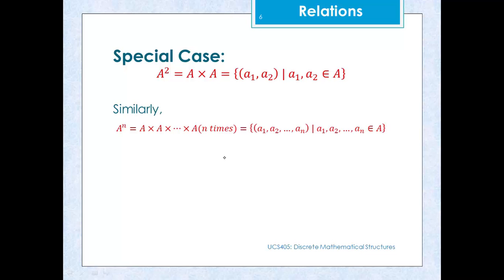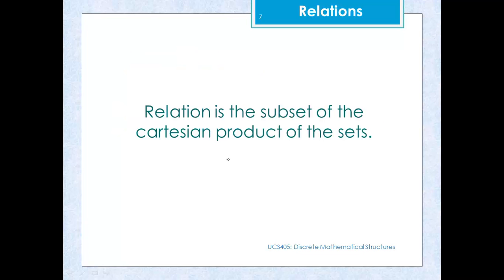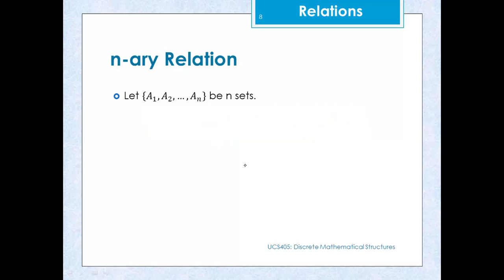So now let us see the definition of relation in vast term. Actually, relation is the subset of the Cartesian products of the given sets. First we have a look at certain types of relations. We will start with n-ary relation. Let us suppose that we have n sets A1, A2 up to An.